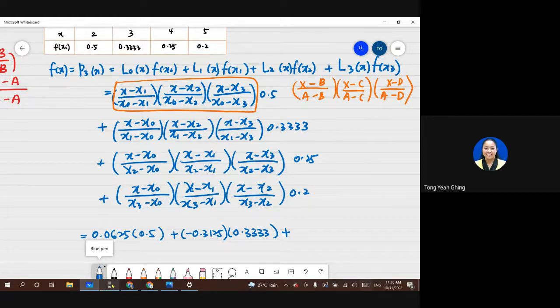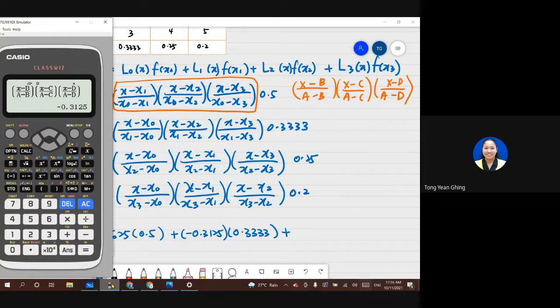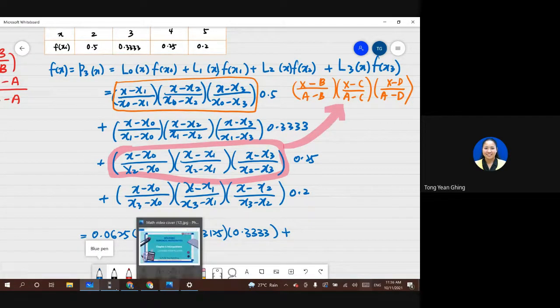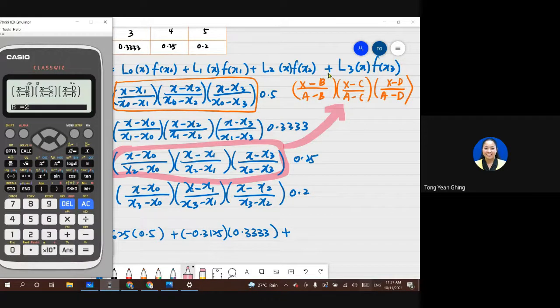continue, use calculator. Start from the calculate. X is still 4.5, and then b. Now look at this one. If you don't know, you just compare to this equation. So b is here, so that means b is x0. x0 is 2.